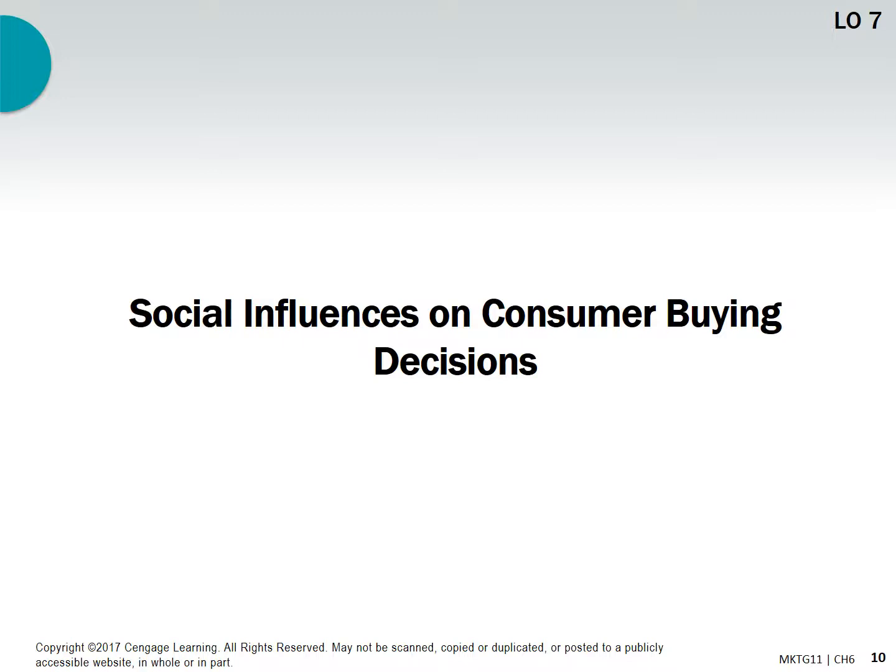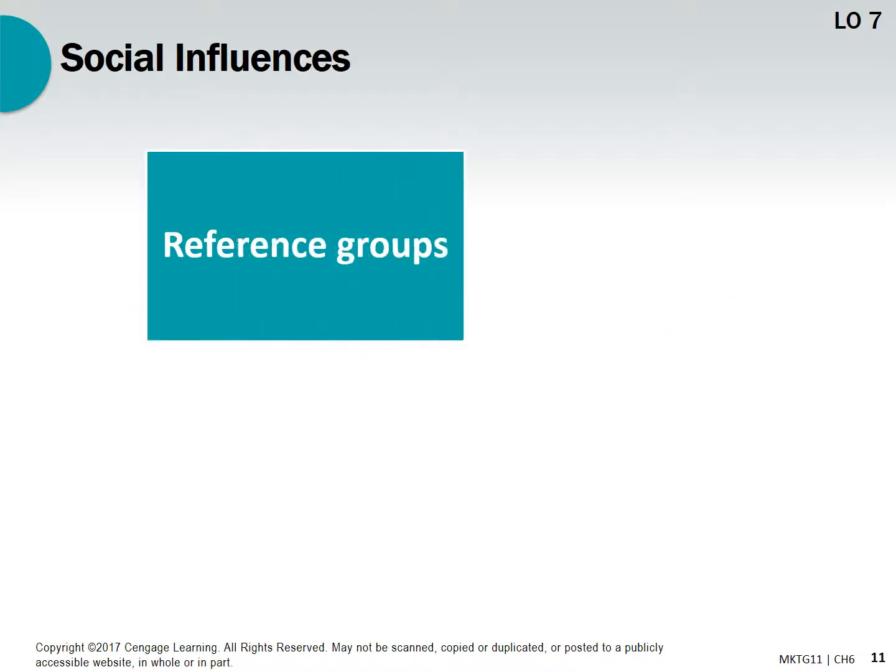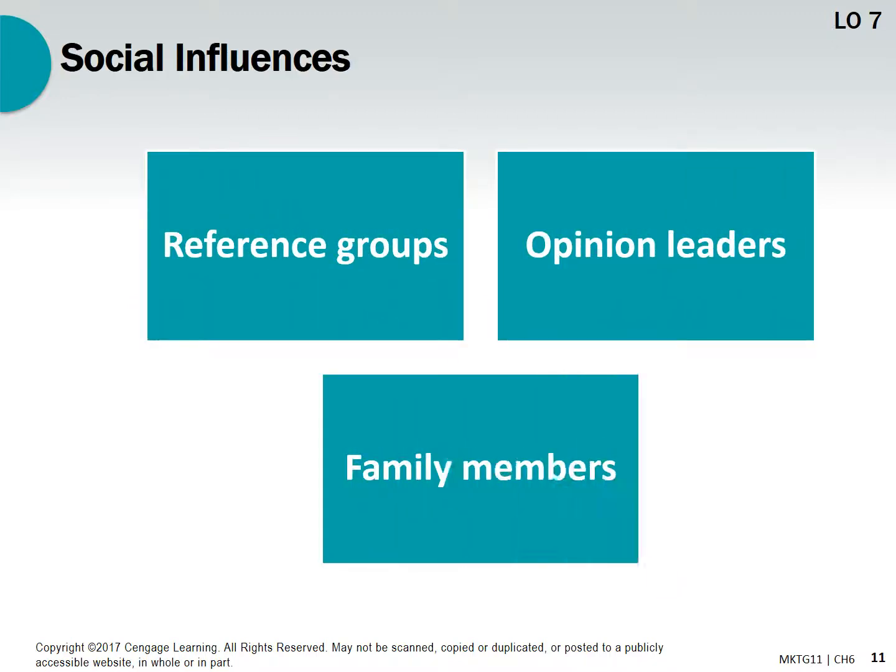Many consumers seek out the opinions of others to reduce their search and evaluation effort or uncertainty, especially as the perceived risk of the decision increases. Consumers interact socially with reference groups, opinion leaders, and family members to obtain product information and decision approval.